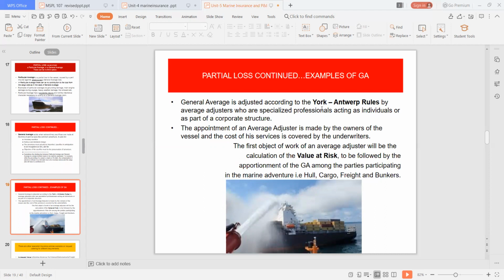General average is adjusted according to the York-Antwerp Rules by average adjusters, who are specialized professionals acting as individuals or as part of a corporate structure. The appointment of the average adjuster is made by the owners of the vessel and the cost of the services is covered.